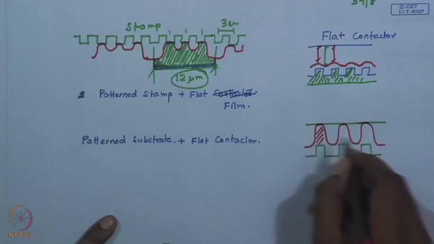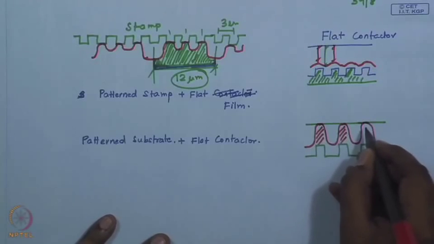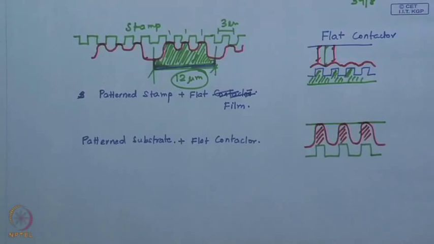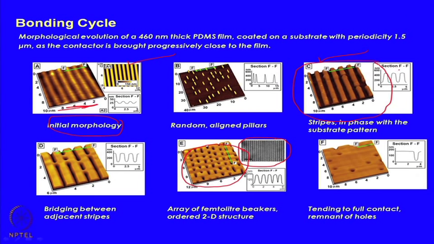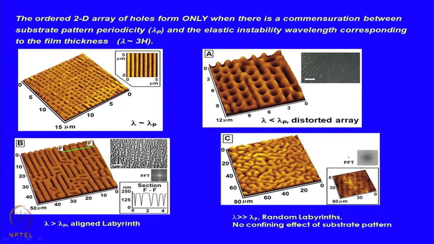Again, I am not very sure whether it is a positive replica, but when you get to this stage, the height of the features is much higher than the original height of the substrate patterns, and then subsequent approach of the flat contactor again starts the bridging, and eventually you get to this array of holes, and finally conformal contact is achieved, resulting in a completely flat surface.